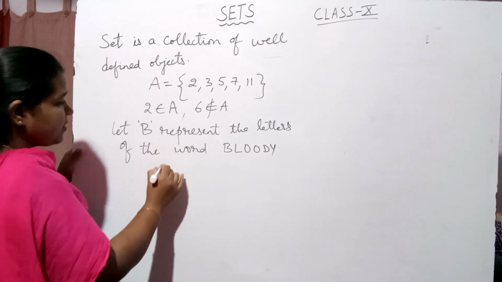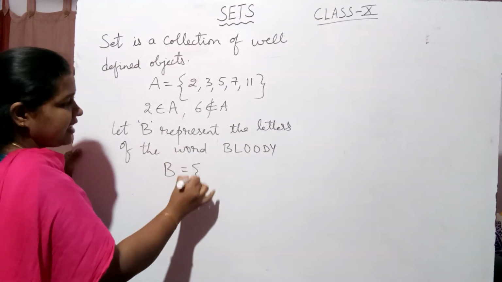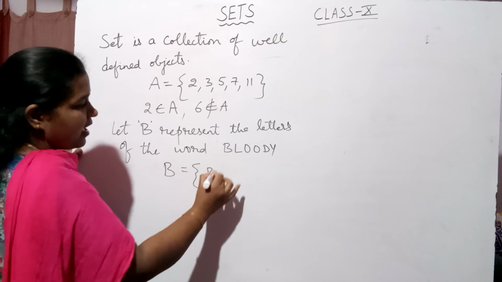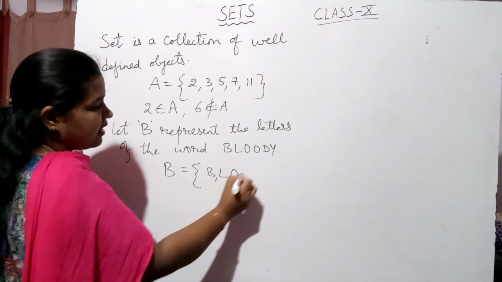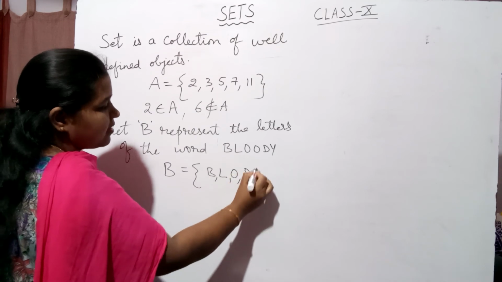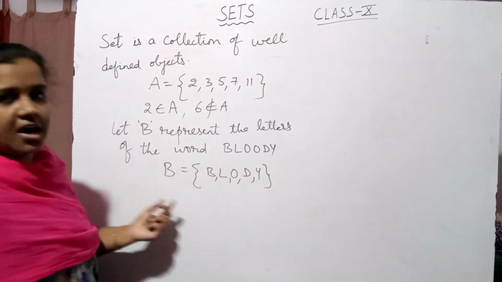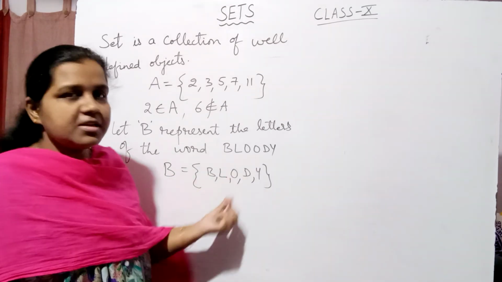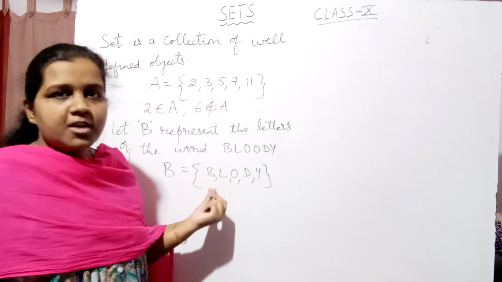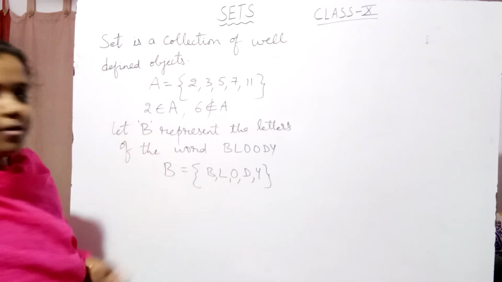Then what are the elements? B is equal to B, L, O, only one O I have to write, D and Y. So the elements in the set are not repeated. We have to write each only once. And the order of the elements is not unique. It may change. So this is about sets.